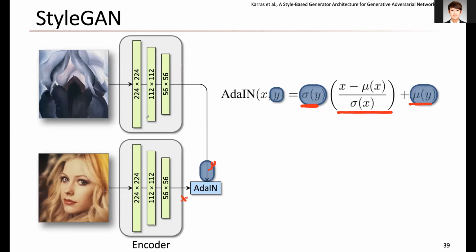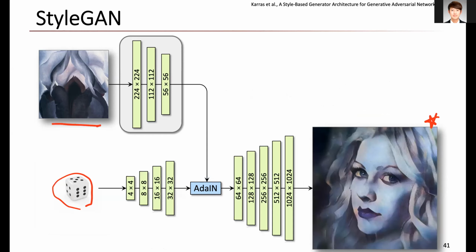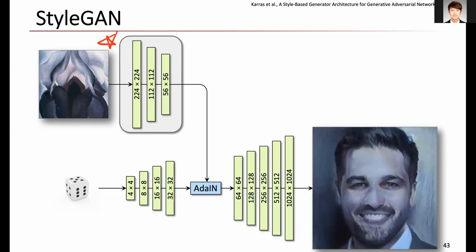Ideally, the content feature vector x should be H by W by C. So the mean and variance should be computed over the spatial axes, per channel. Because this AdaIN architecture shares the philosophy of batch normalization, it just follows the normalization technique of batch normalization.